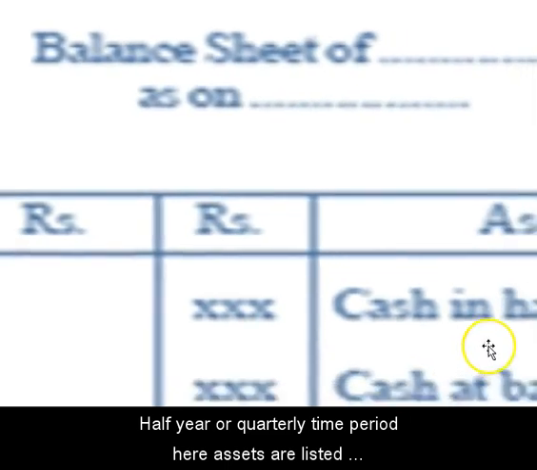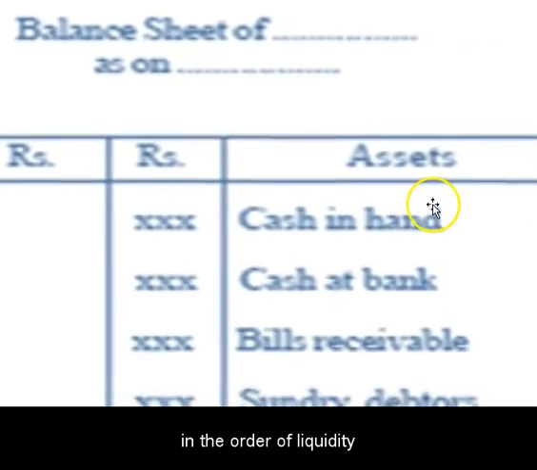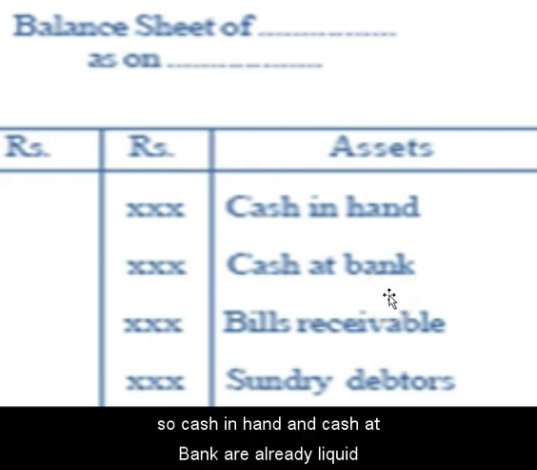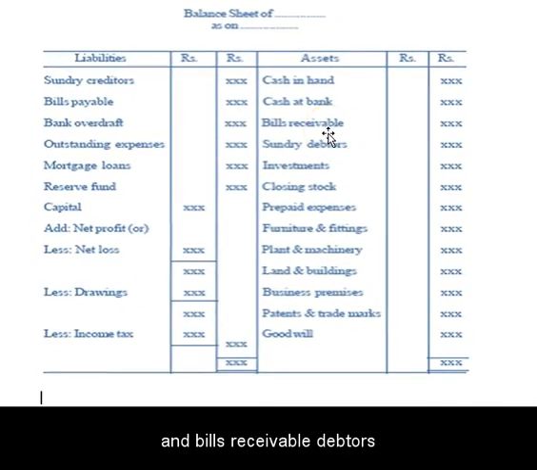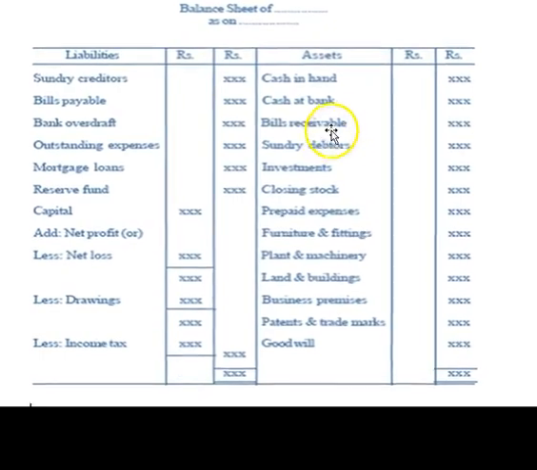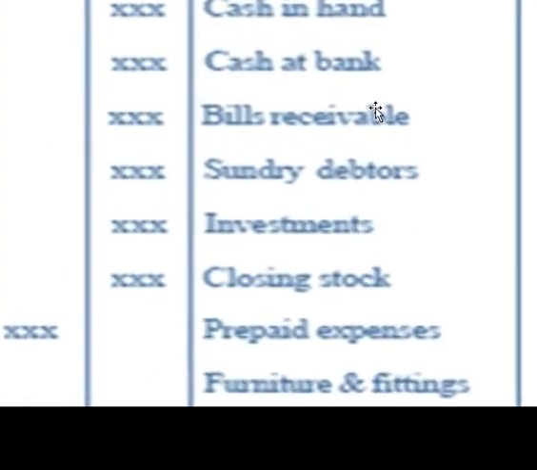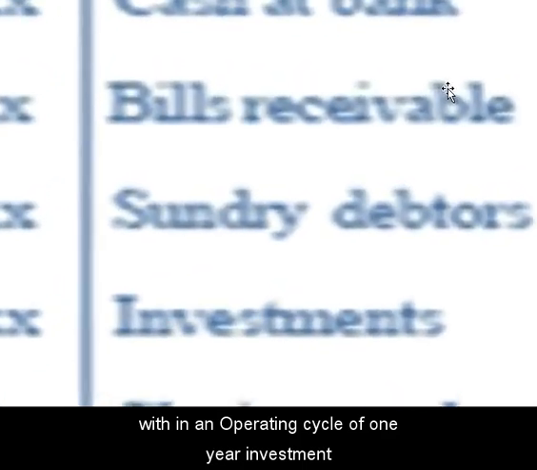So here assets are listed in the order of liquidity. Liquidity means easily convertible into cash. So cash in hand and cash at bank are already liquid, and bills receivable and debtors are generally convertible into cash within an operating cycle of 1 year.